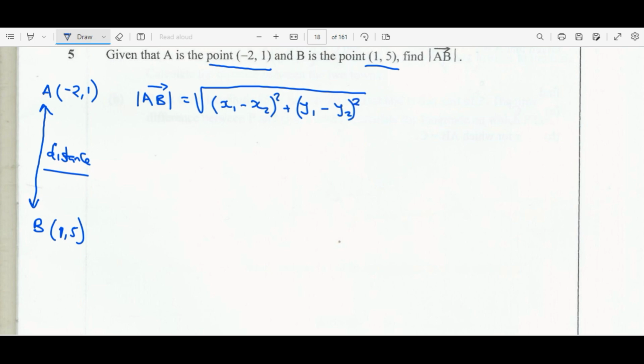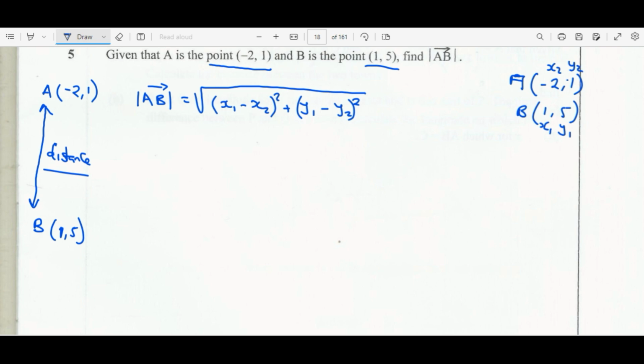In this case, let us start with A. For A we have (-2, 1), and for B we have (1, 5). When you look at this, this is x1 and this is y1, and this is x2 and this is y2.